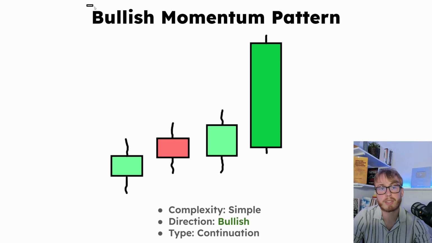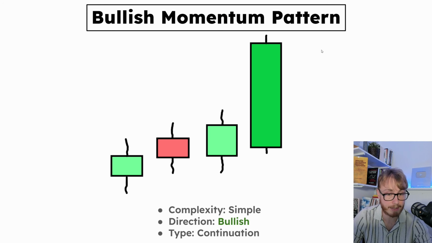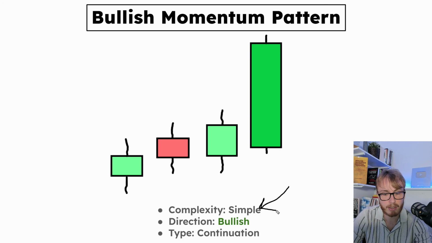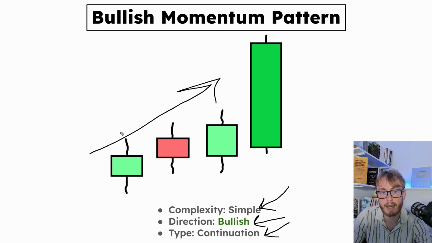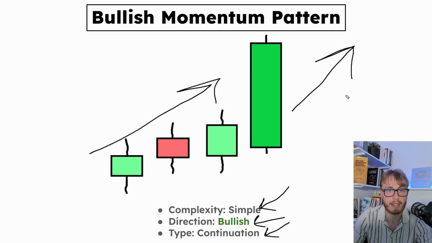Alright, so next I want to take a look at the bullish momentum pattern. This right here is a super useful pattern because it happens all the time in the market. It's a simple pattern because it consists of only one candlestick. The direction here is bullish, and the type here is continuation, meaning that the goal of this pattern is to continue the preceding uptrend even after the pattern.